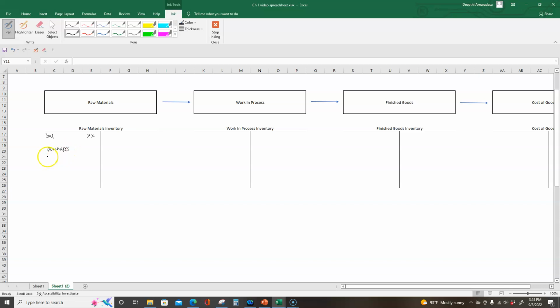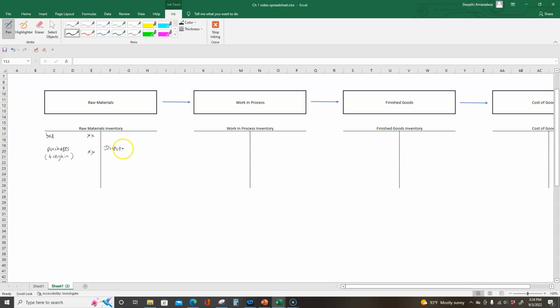increase raw material inventory. Remember, if the company paid any freight in to bring these raw materials to the place of business, those are included in the cost of purchases. Then, whenever the company uses raw material inventory, I'm going to actually use the word direct materials here because remember we do have indirect materials.